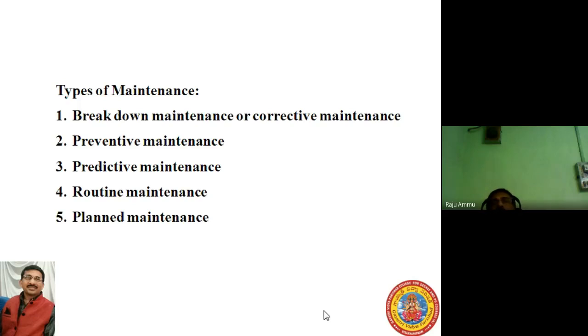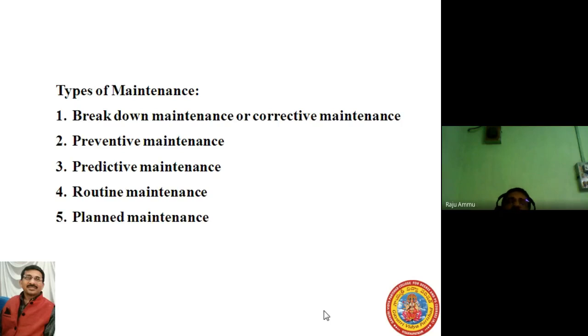Well, now I'm going to show you an idea on the types of maintenance. The first one written here is breakdown maintenance or corrective maintenance. You may classify according to planned maintenance and unplanned maintenance, or you may list down the types of maintenance like these, or you may have a different mode of presenting, but all of them talk about only these.